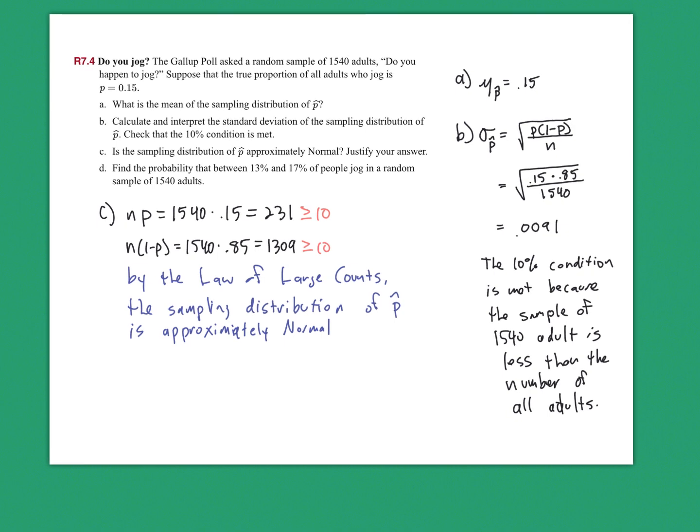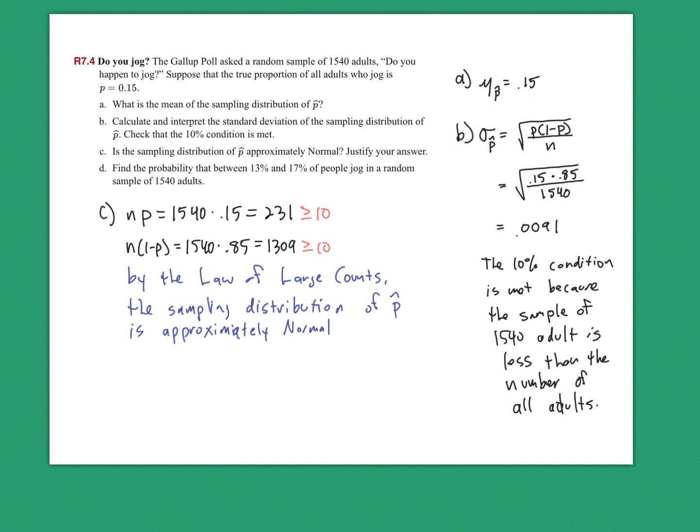Okay, and then the last one, they say find the probability that between 13% and 17% of people jog in a random sample of 1,540 adults. So this is just a matter of using the calculator.